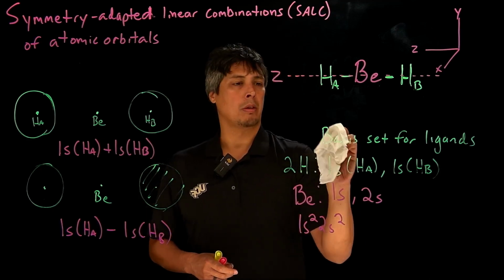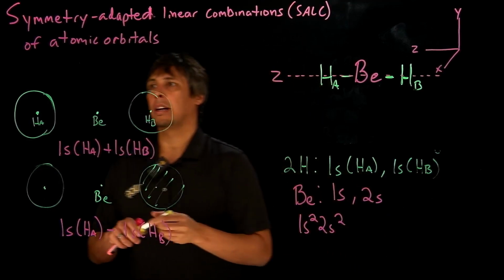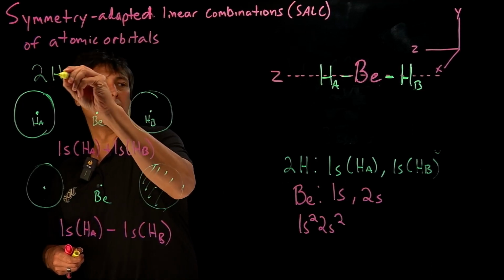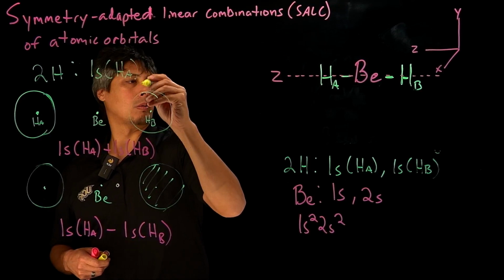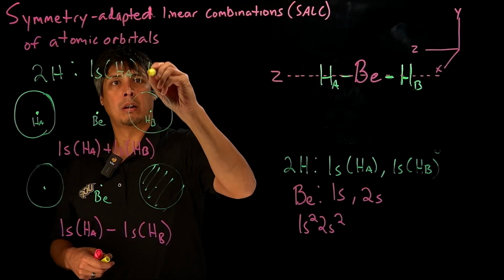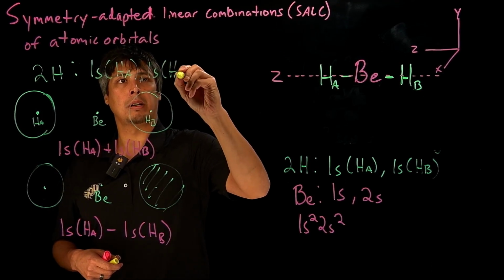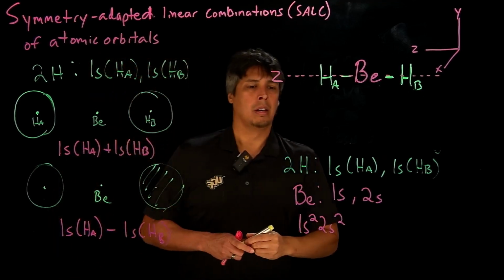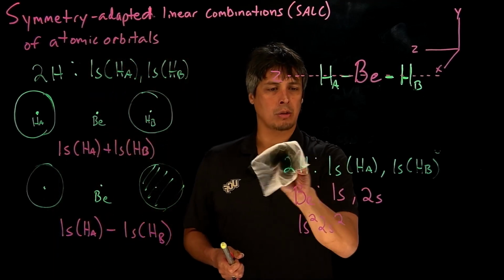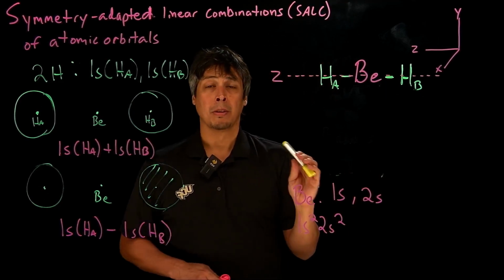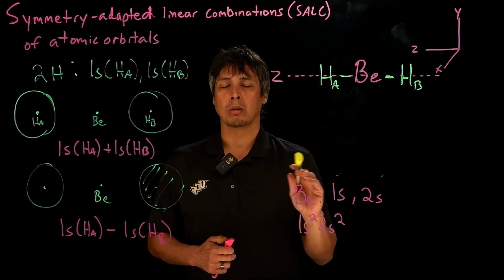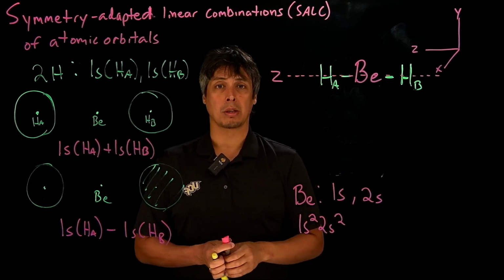And so remember, we have our basis set for our two hydrogen atoms, right? We define them as a 1s orbital for HA, and then a 1s orbital for HB, right? Now the beryllium, we have an electron configuration for beryllium as 1s2, 2s2, but the p orbitals are close enough in energy to the s orbitals that we should consider them as well.